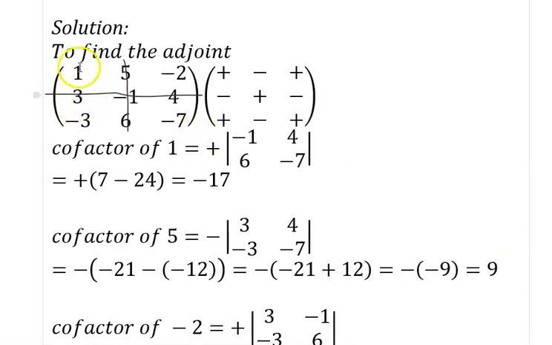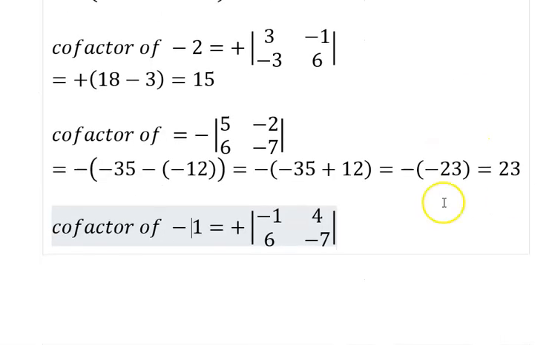So we are left with 1, minus 2, minus 3, minus 7, and the corresponding sign is plus.